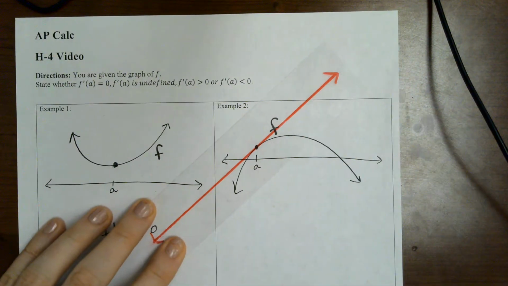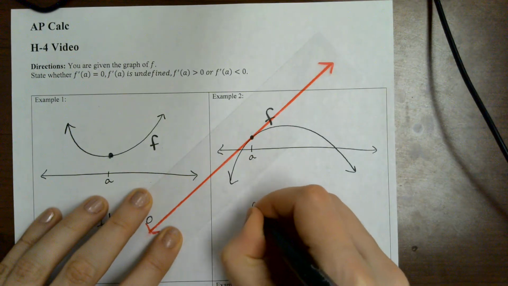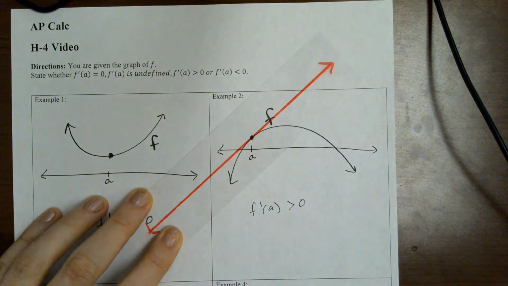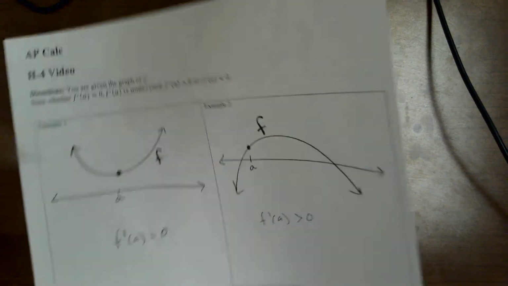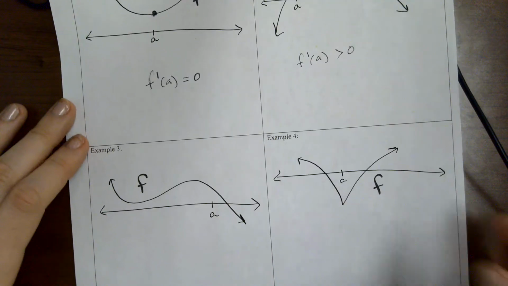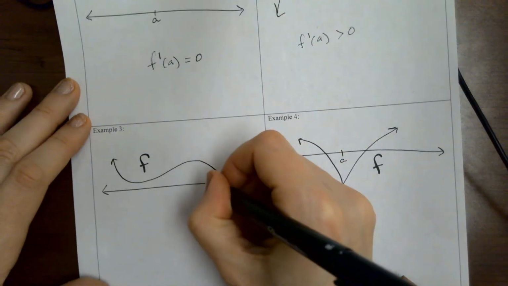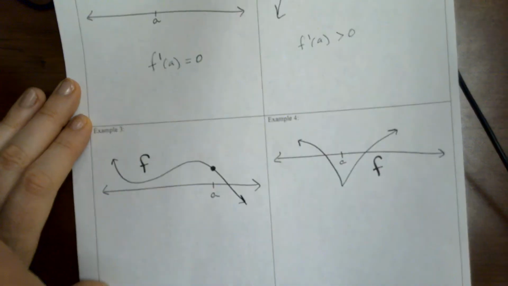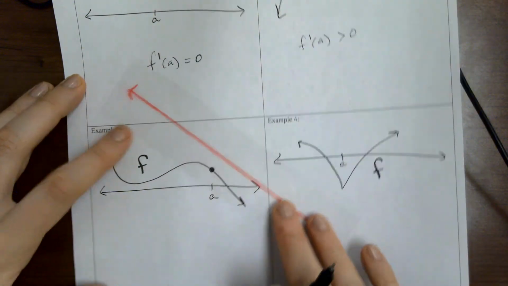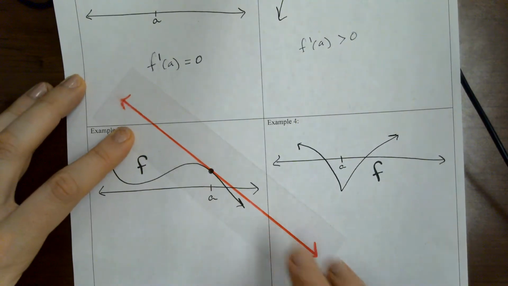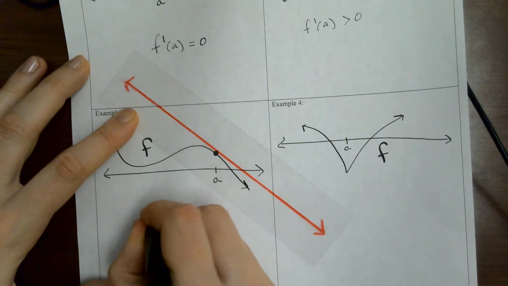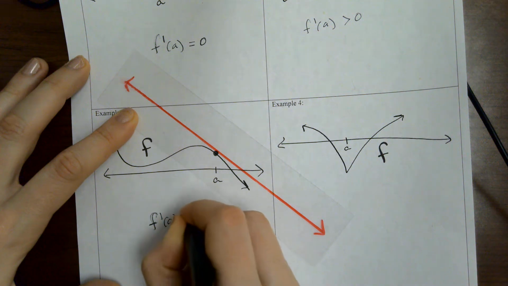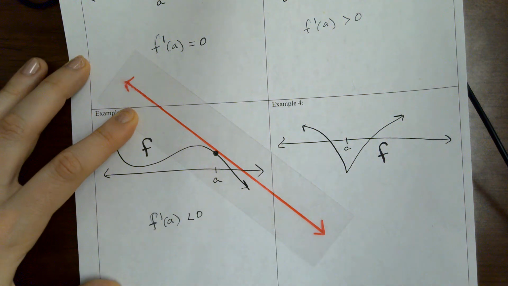Look at the tangent line. f prime of a is greater than 0. Okay, this one here. There we have a case where f prime of a is less than 0.